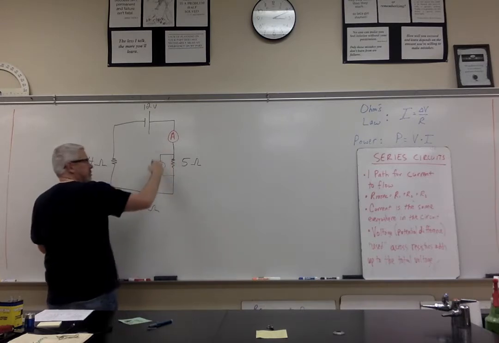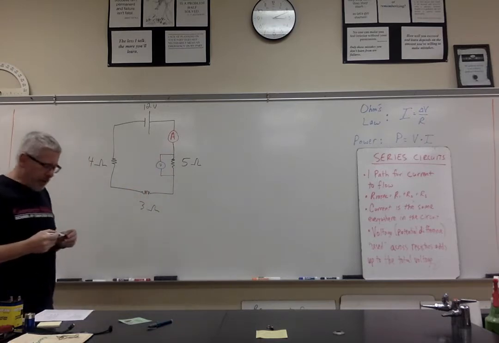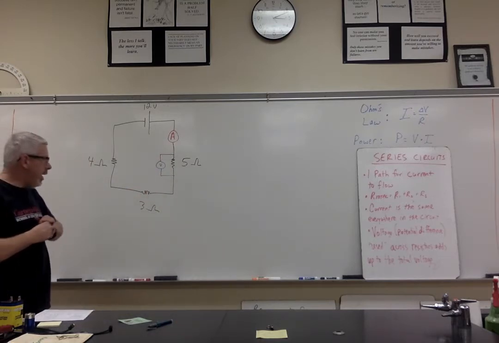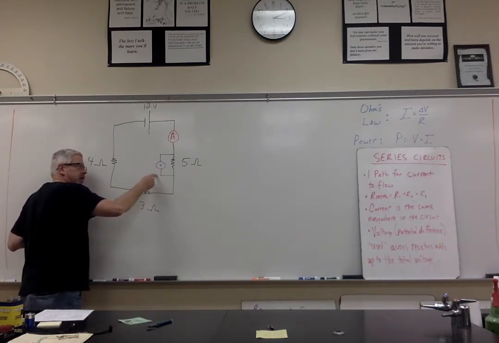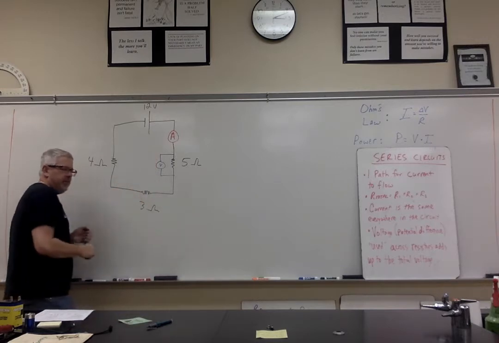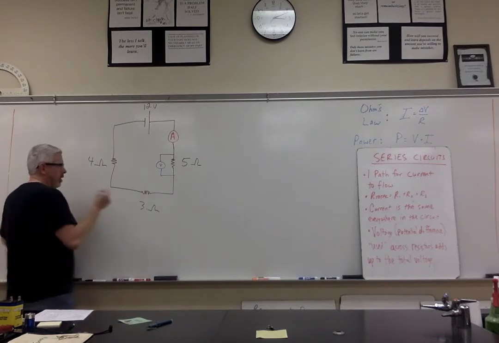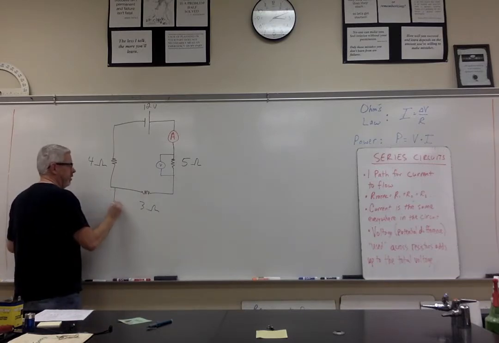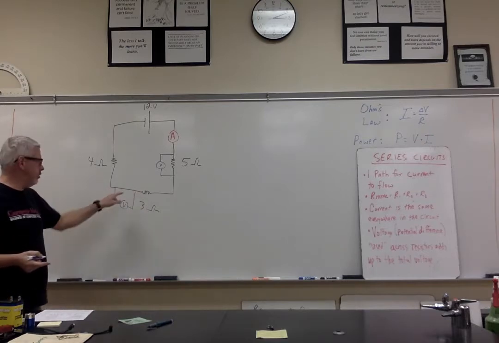Now, a voltmeter has to be hooked up in parallel, meaning beside the device you want to measure the voltage of. Why? Because it literally is measuring a difference in potential energy from one side to another. So really, this is joules per coulomb of energy that's different from here to here. If I put a voltmeter across a wire, say down here, if there's no resistance, it's not going to take any effort or energy to go through that wire.